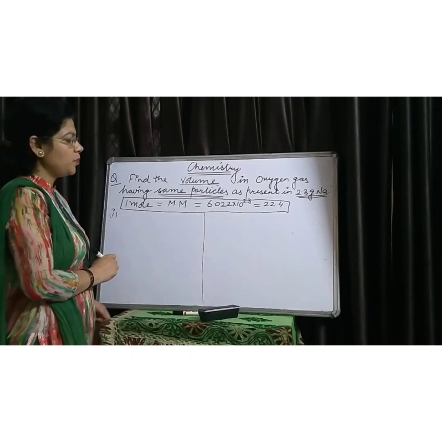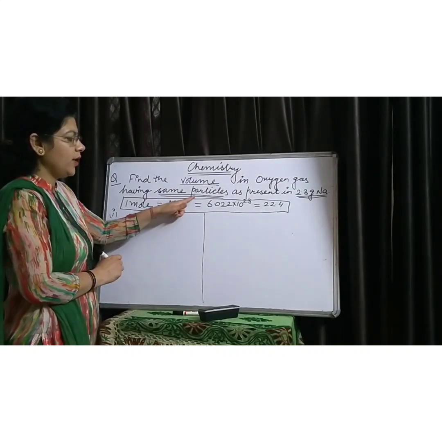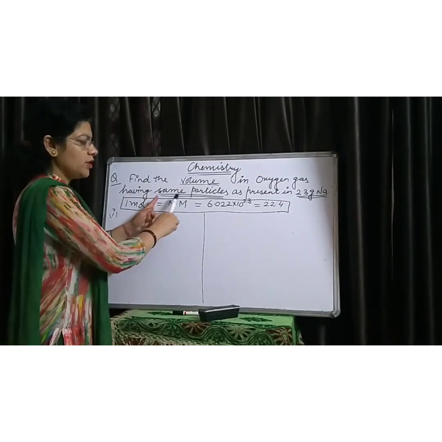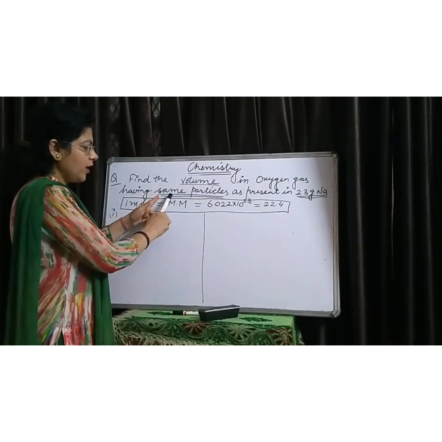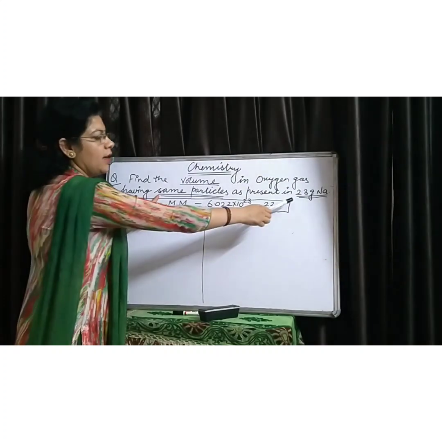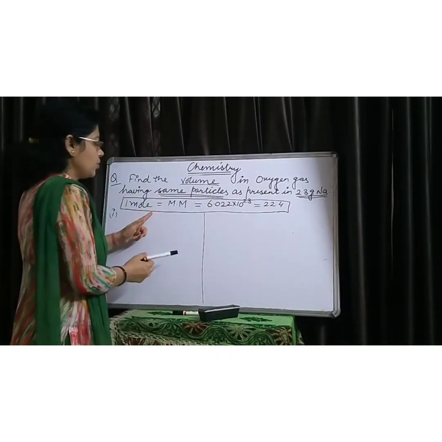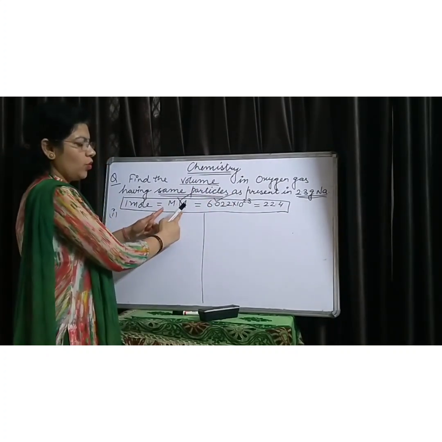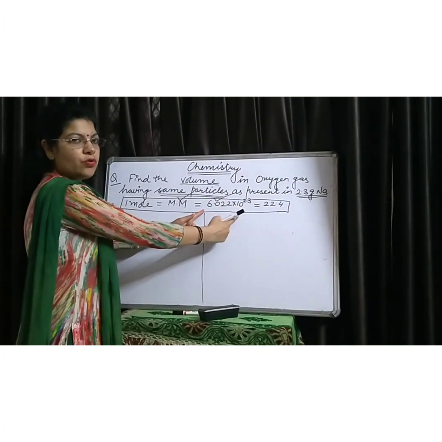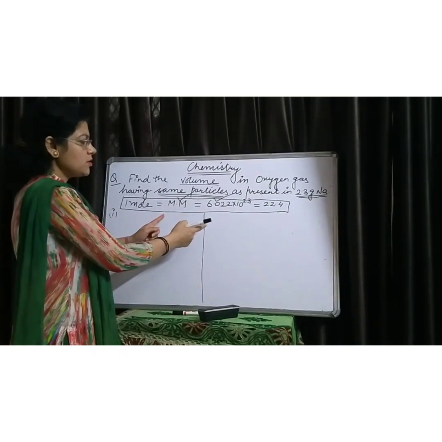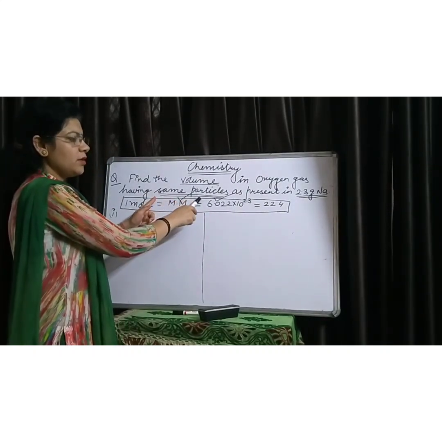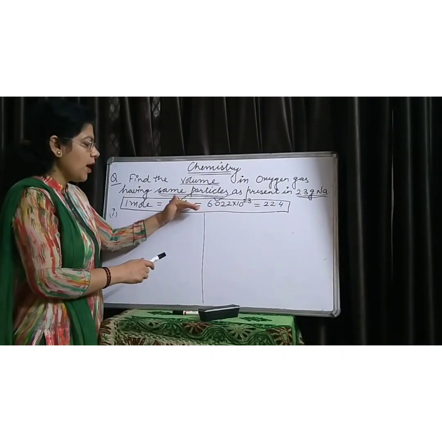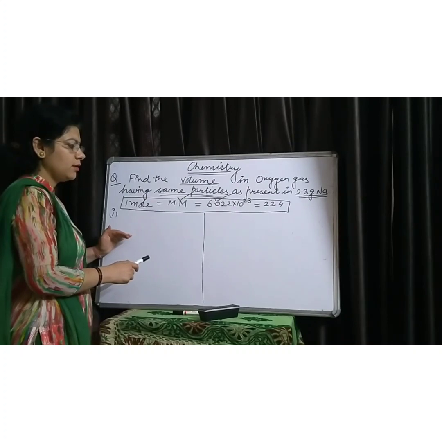See the first part, in which we have to find the number of particles, and mass is given to you. So use these two terms, that is molar mass and number of particles. So put number of particles on the right hand side and mass on the left hand side.